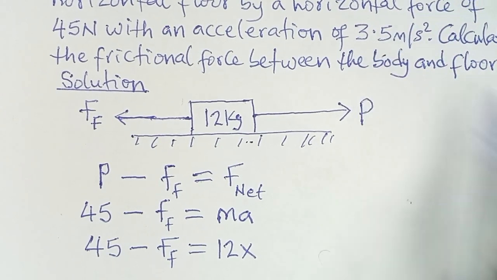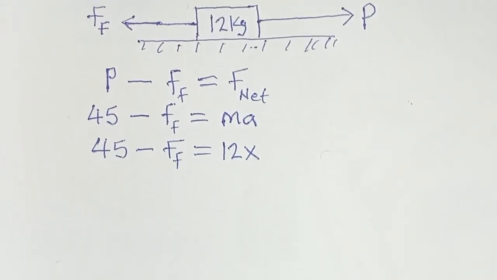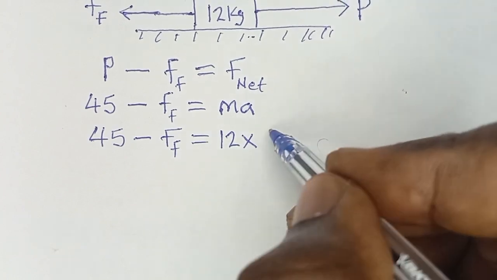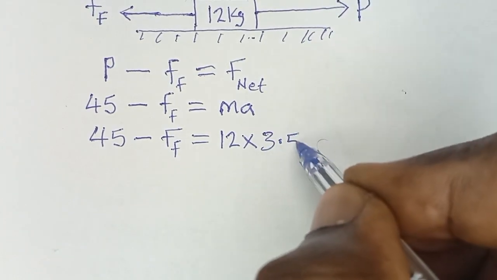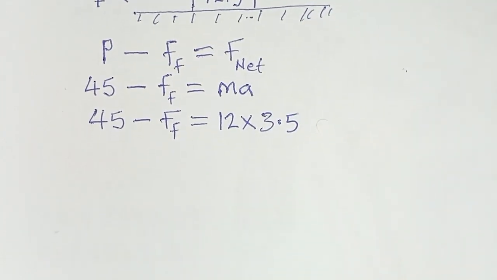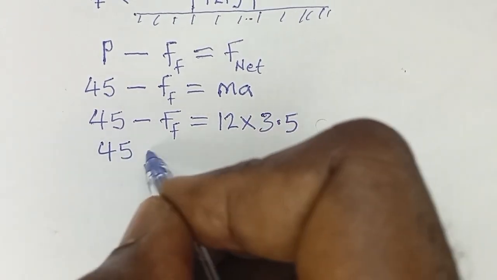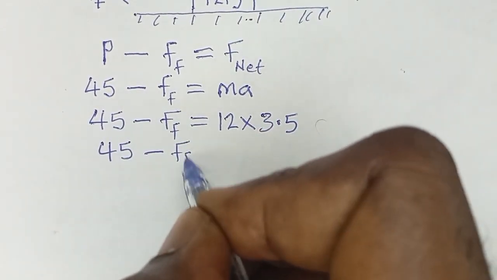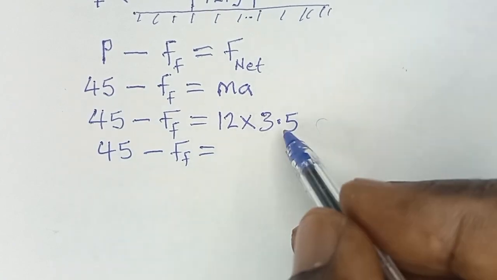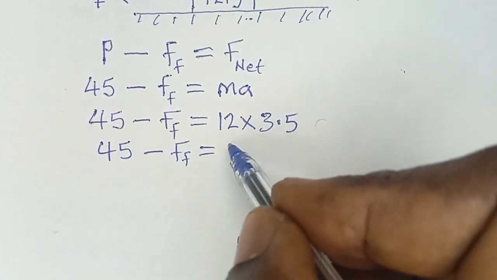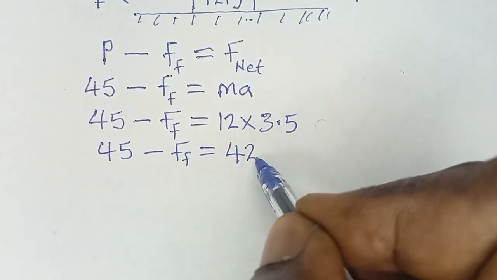You can see it here, 3.5. Then we can solve further, and I have 45 minus the frictional force is equal to 12 multiplied by 3.5, which will give us 42.